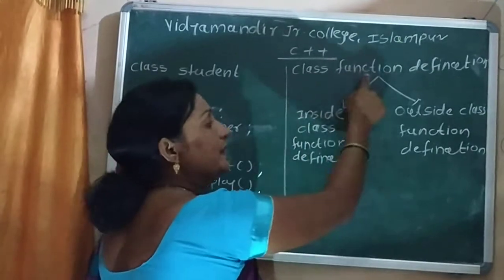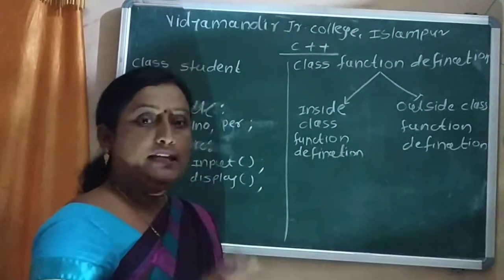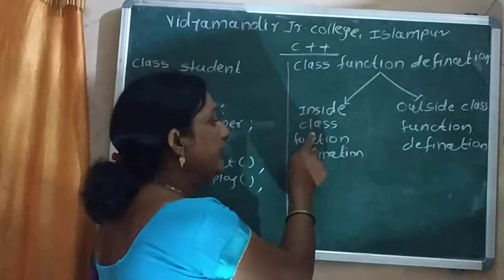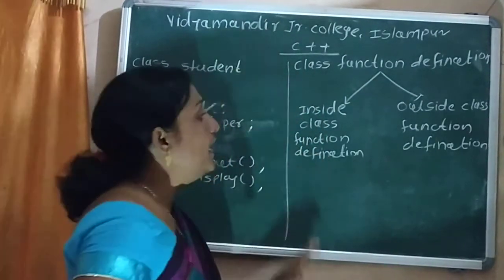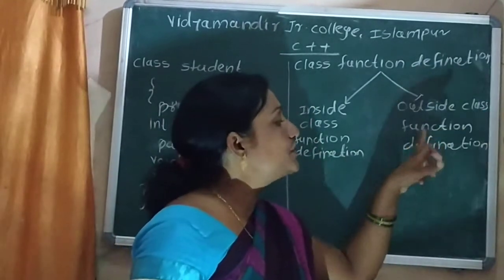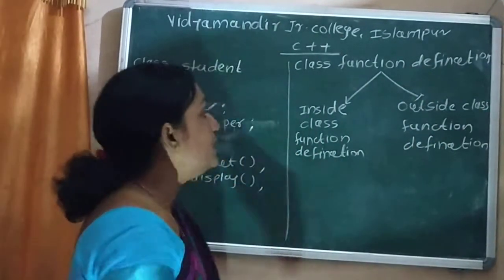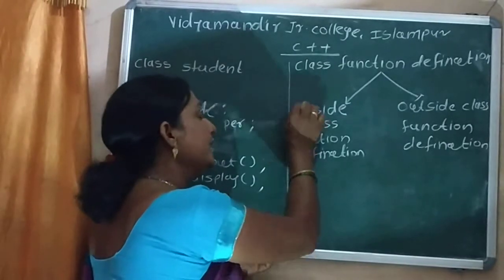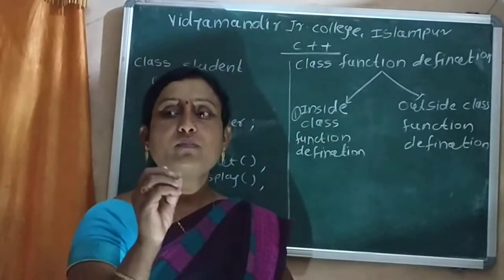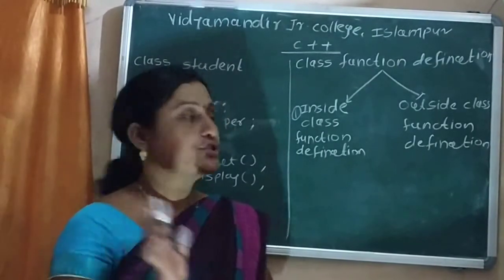The class function definition is used in a program in two ways. The first one is inside class function definition and the other method is outside class function definition. First we discuss the first point, inside class definition of a member function.